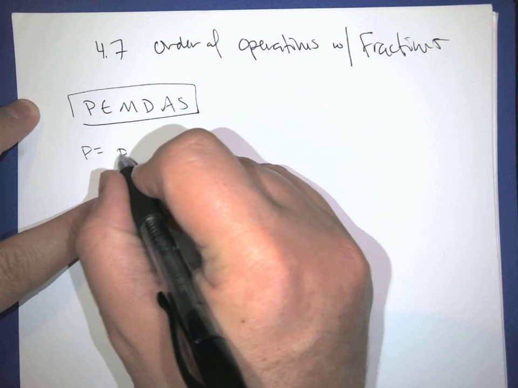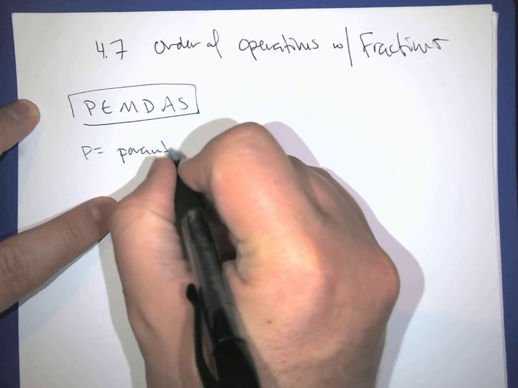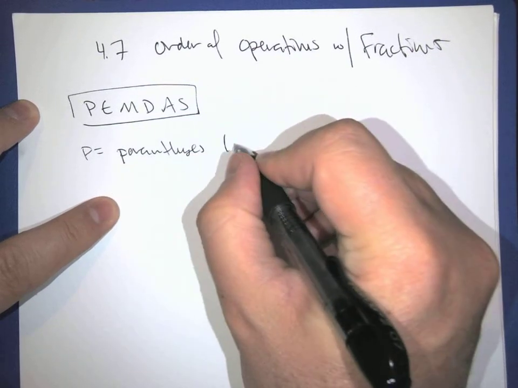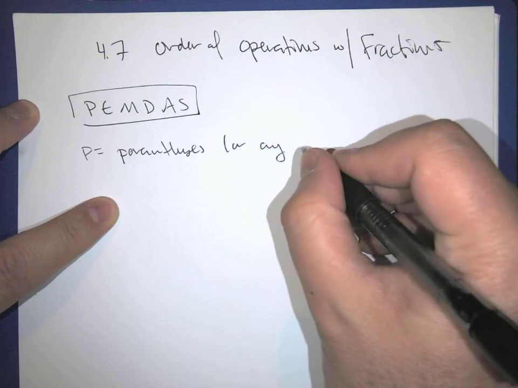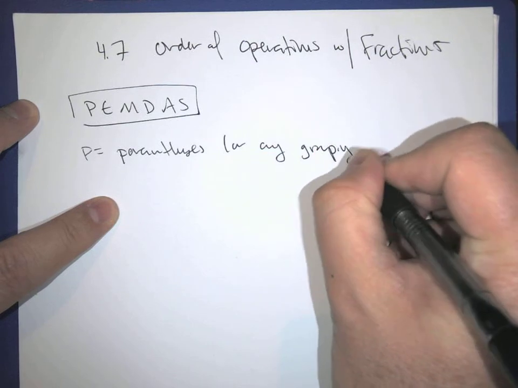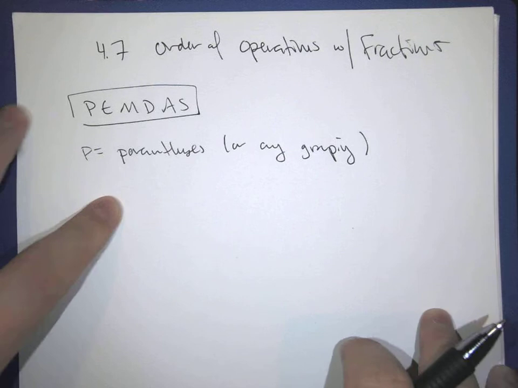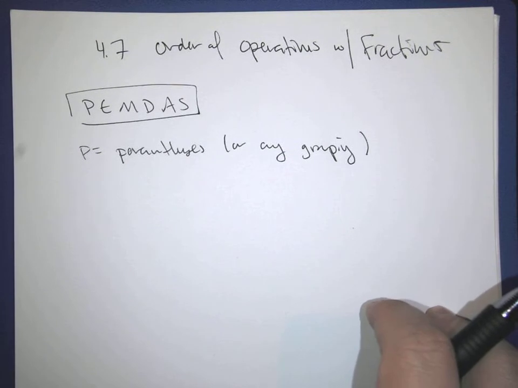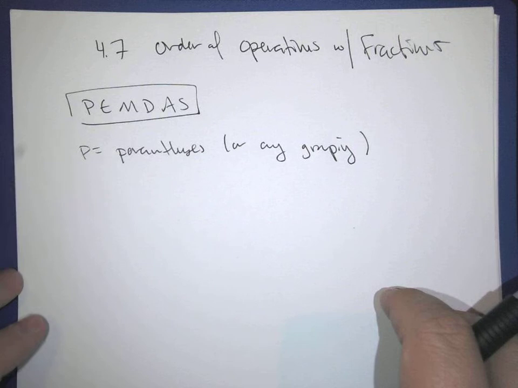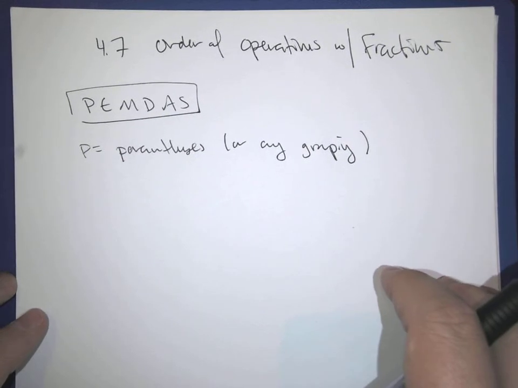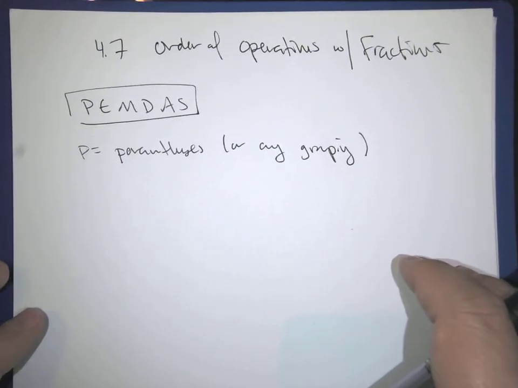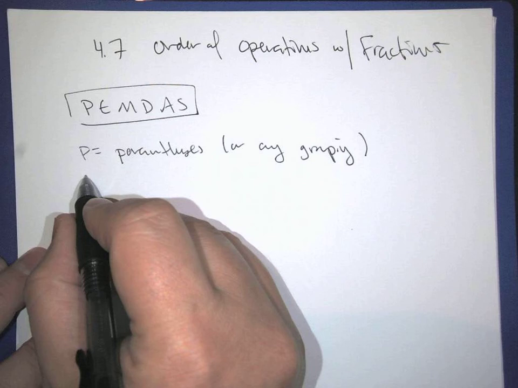P is any parentheses, or any kind of grouping tool. So that could also include brackets, or in some sense even something like an absolute value would count.